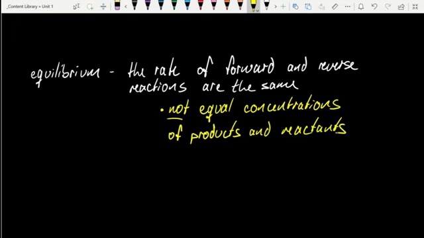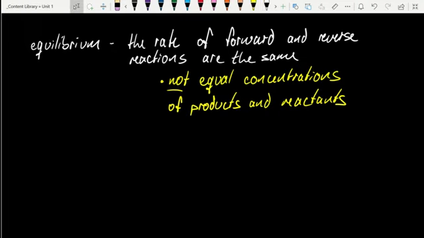Now, if we apply this to the acid-base system, let's give an example of a generic acid-base equation, where we have a weak acid, HA. We know it's a weak acid because it's a reversible reaction, which means it does not dissociate completely, but it will dissociate partially, giving us a population of H plus and A minus.